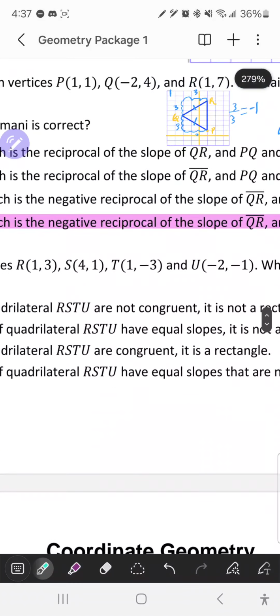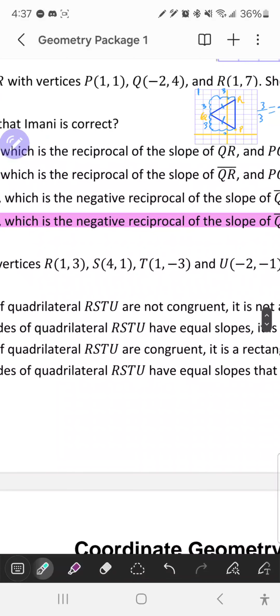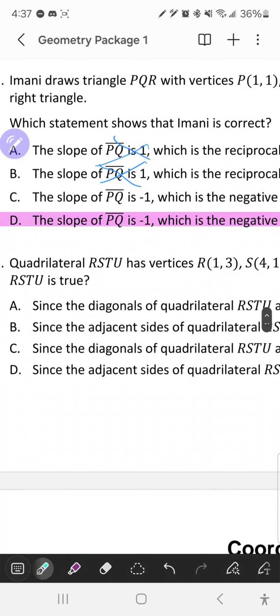Let's see. Since the diagonals are in the quadrilateral, there are two diagonals and there are two pairs of adjacent sides. So let's first see the diagonals.